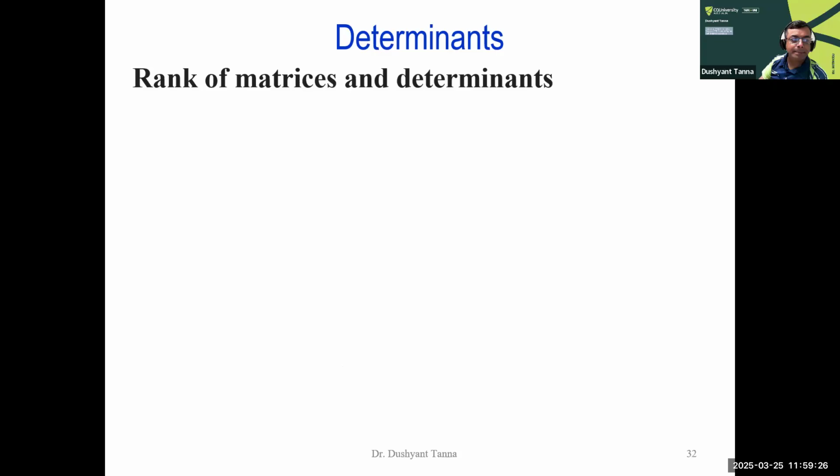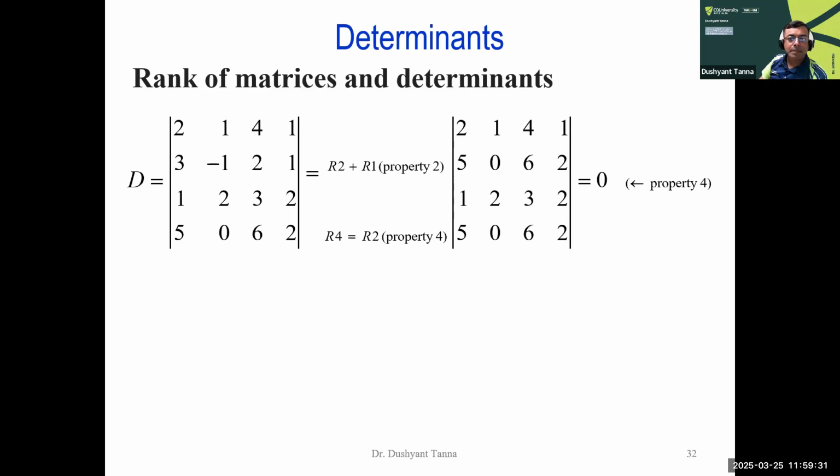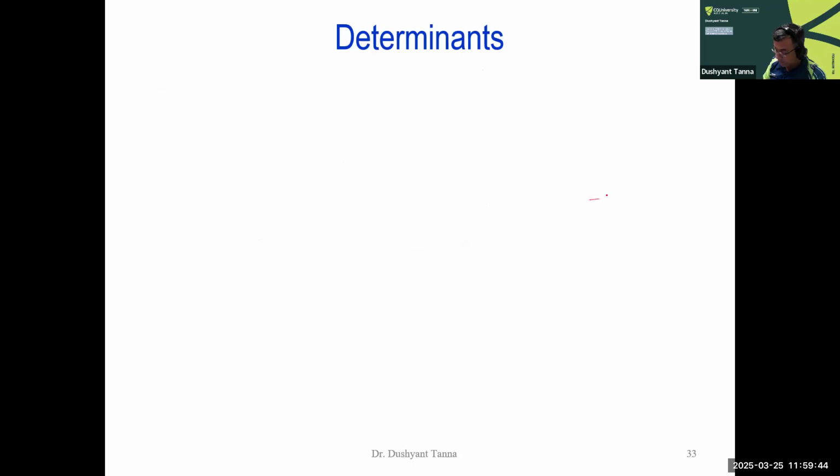Let's look at an example. It's a 4 by 4 determinant. Rank will be maximum 4. But this is the same example we just saw, and we know its determinant is 0.